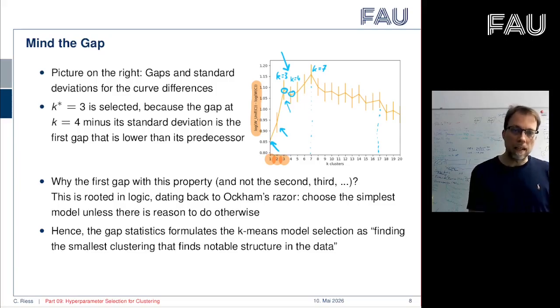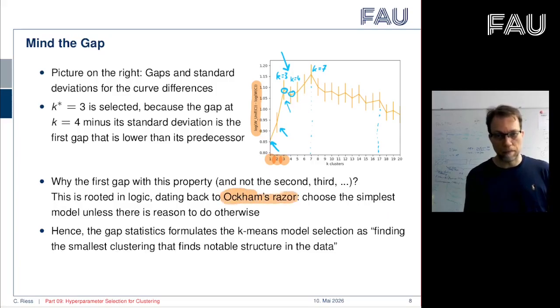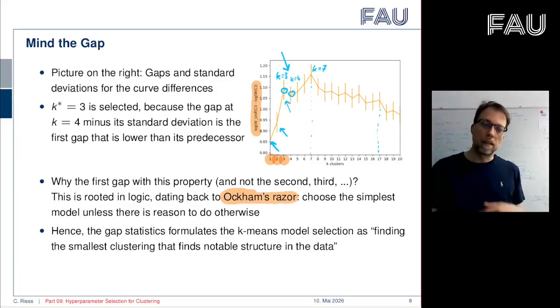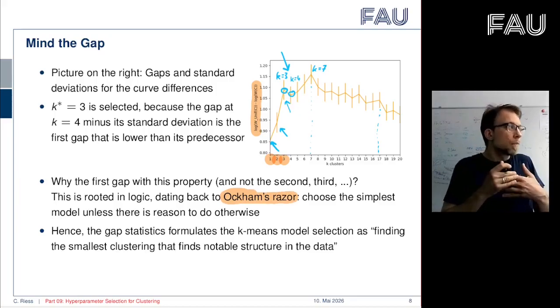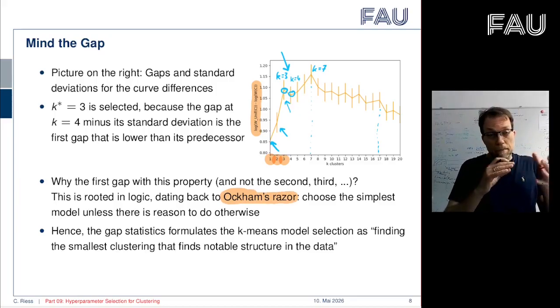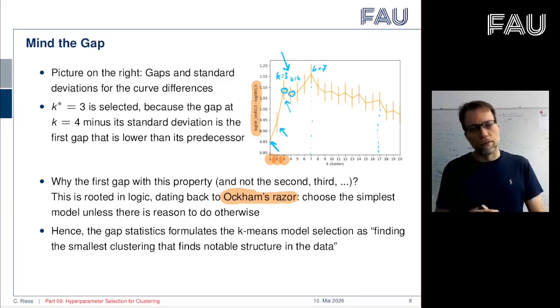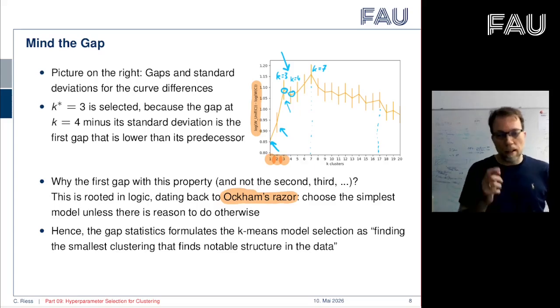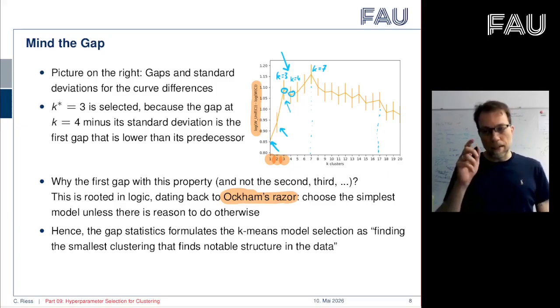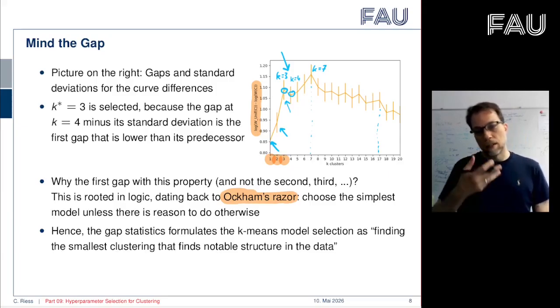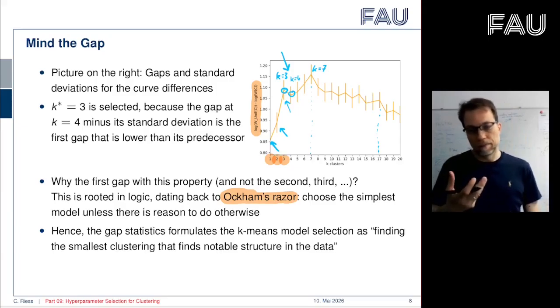So the idea is this, and you can think of it a bit like Occam's razor, which is a concept from logic. If there are different explanations that all make sense, then you should go for the simplest explanation. And in that sense, the simplest explanation is the lowest number of clusters.